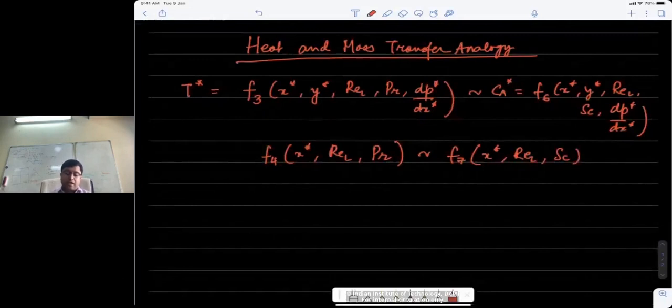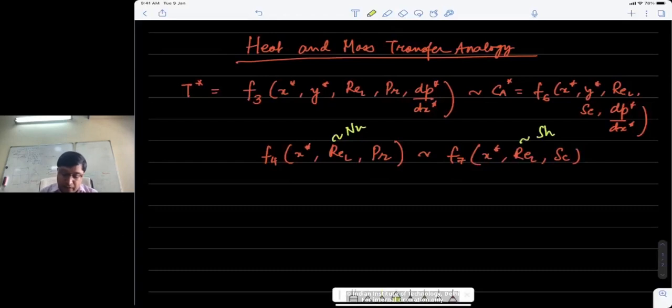F4 was proportional to the non-dimensional temperature gradient, so F4 was like the Nusselt number, and F7 was like the Sherwood number. So their functional forms should also be similar.